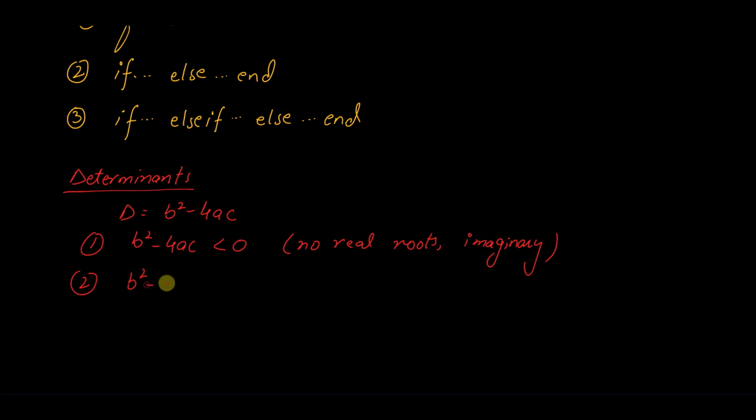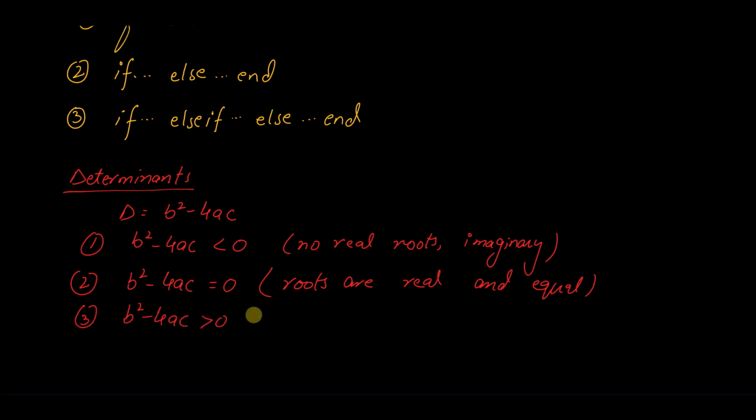Secondly, b square minus 4ac is equal to 0, which means roots are real and equal. And thirdly, b square minus 4ac is greater than 0, which means that roots are real and distinct.